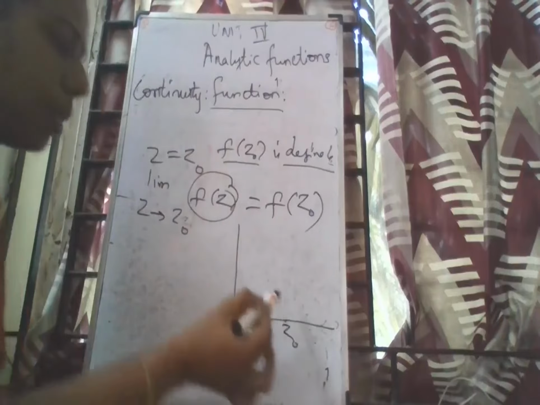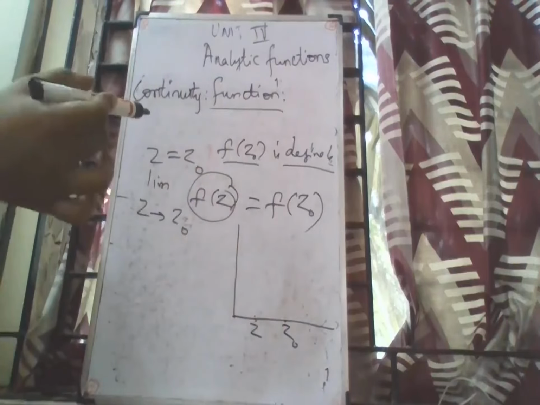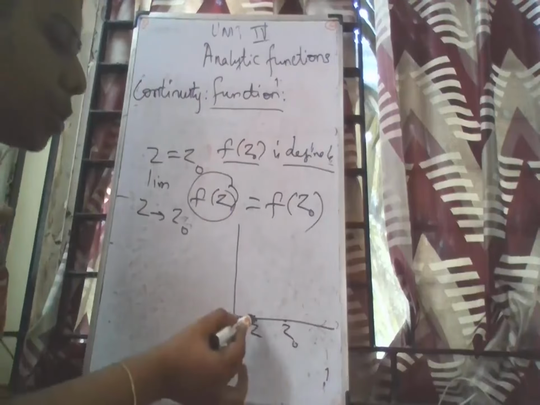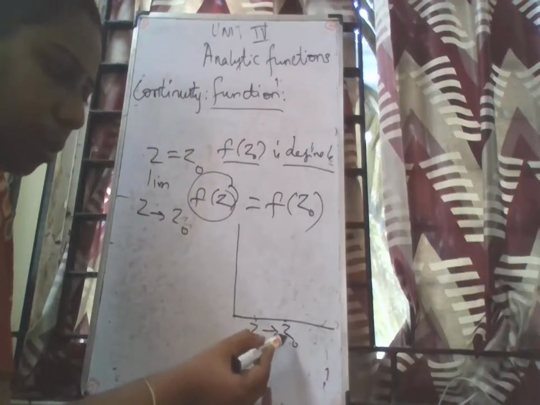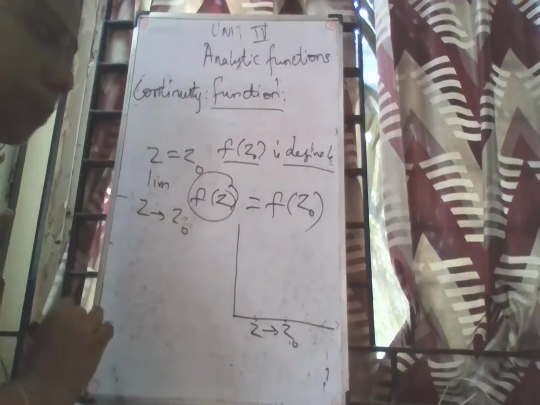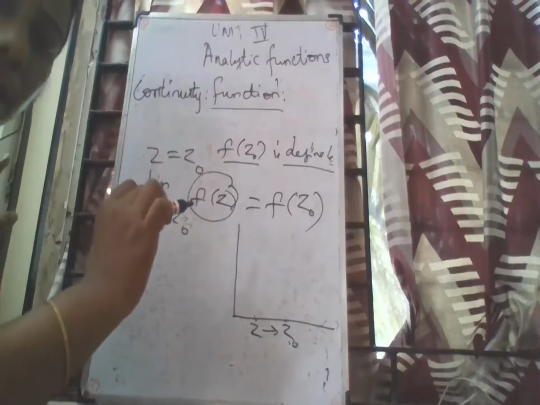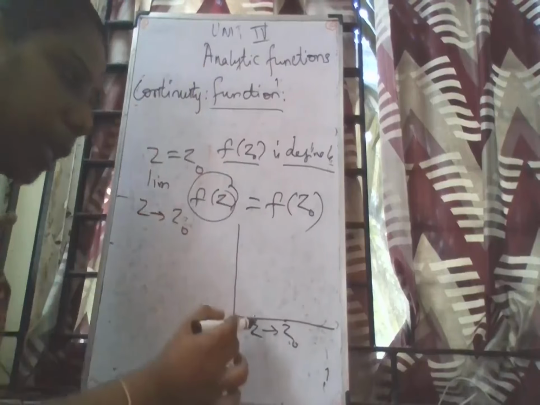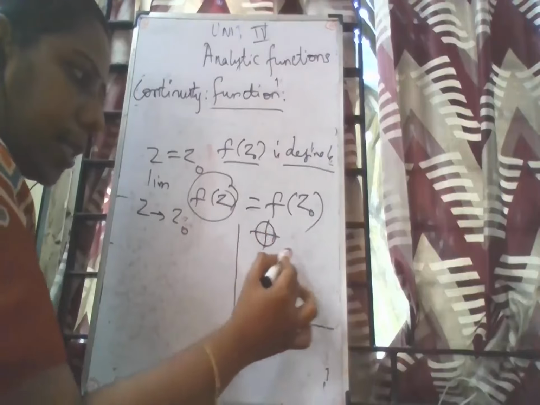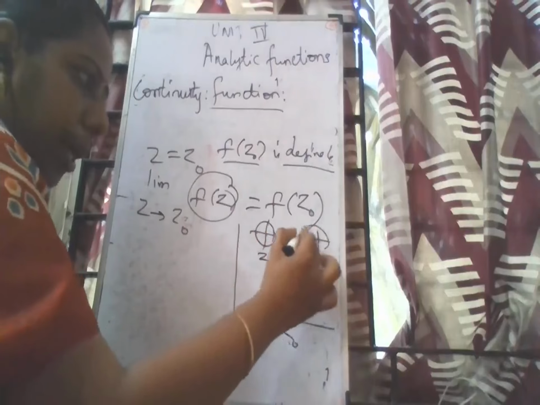Z naught means somewhere the origin or some other point, like (1, 1) or (2, 1), some other point somewhere here. So as z tends to z naught, as I said, for each value of z you will definitely have f of z. Yes or no? For each value of z over here, this is your z plane, and this is your w plane.